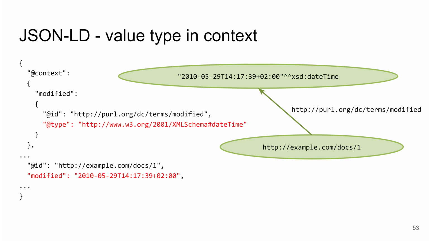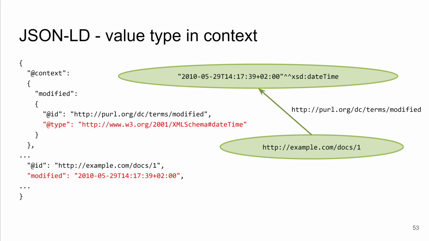Now, another thing we might want to define is the data type of the JSON value. Now, when we talked about JSON, we talked about the JSON value types, which were string, number, boolean, null, array, or another JSON object. So later in JSON schema, we talked about specifying formats of the JSON strings, and from RDF we know that we want to use the XML schema data types for specifying the data types of string values.